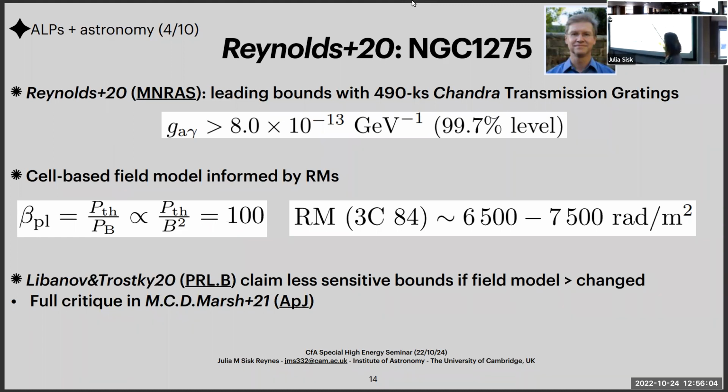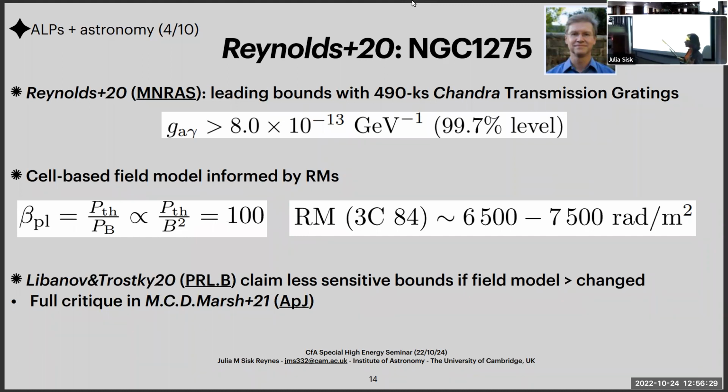And these are values of G that were excluded by this study. In particular, they used a field model for the intracluster medium that had been informed by rotation measure observations of the Perseus cluster, under the assumption that this plasma beta was constant up to the virial radius of the cluster.